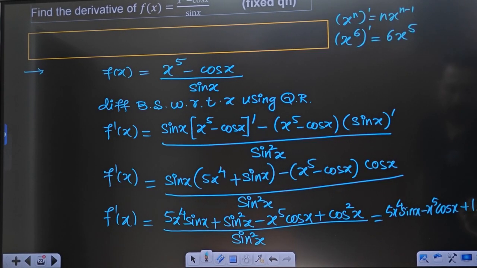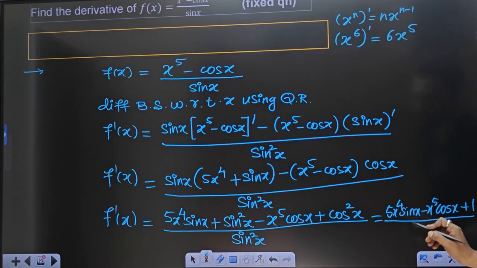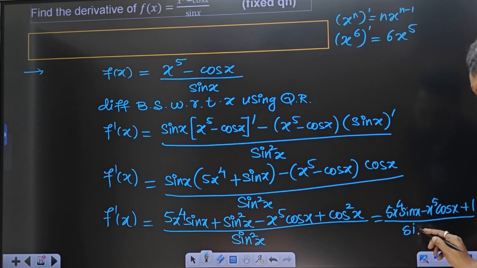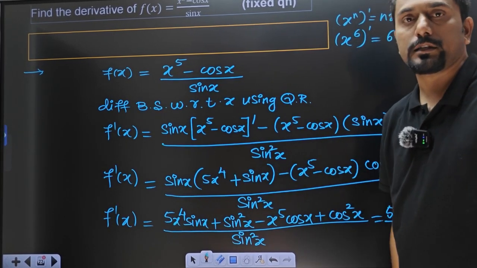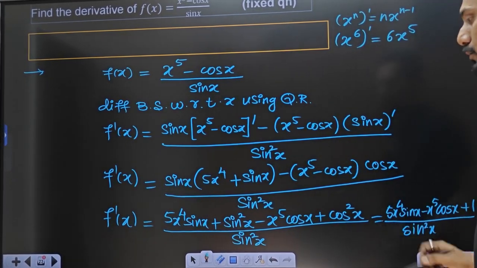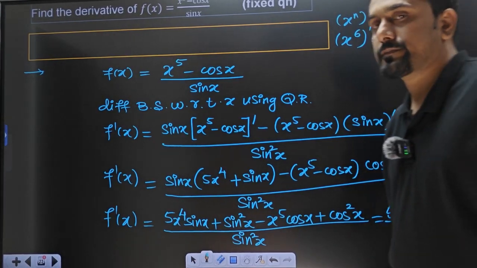So I will write it here as 1 divided by sin square x. Okay, this is the required derivative of the given function with respect to x. Pause the video and note down the answer.